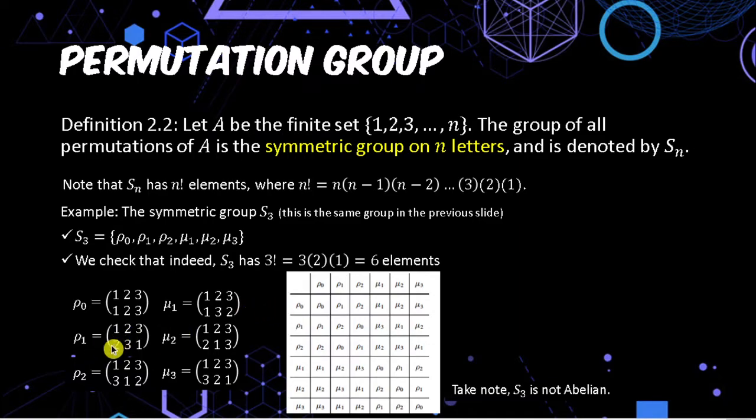How about rho sub 1? Our cycle is 1, 2, 3. If we write that cycle 1, 2, 3 as transpositions, we have 1, 3 and 1, 2. So there are two transpositions, which is even. So one element of the alternating group is this one. And of course, obviously, this is the other one, because our cycle here is 1, 3, 2.